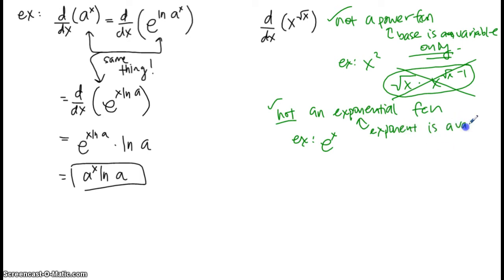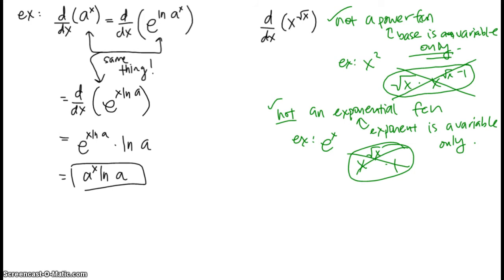So in this case, it would be like copy, paste, take the natural log of the base. So what you cannot do here is copy, paste times the derivative of, I don't know, x or whatever it is. That's just weird. We need a new method to solve this, because this is neither a power function nor an exponential.